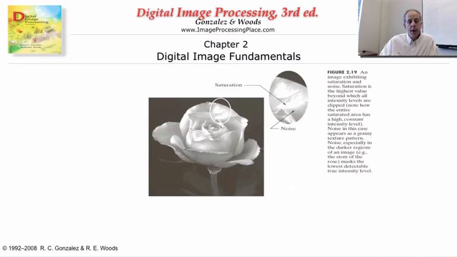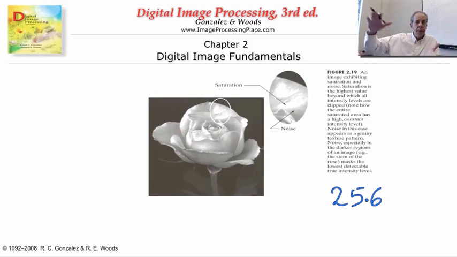Now, one of the things that happens is that because you have only 256 different levels that you can use, sometimes your image is too bright and you might not be able to represent the small variations in brightness there. Remember, the human visual system can basically adapt to multiple levels of brightness, but not all of them at the same time.